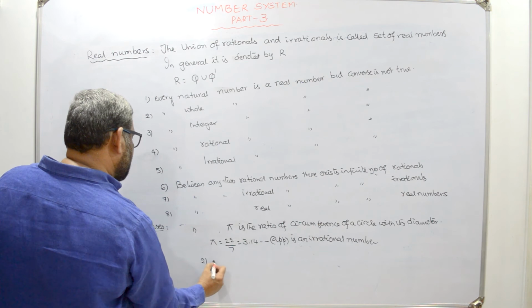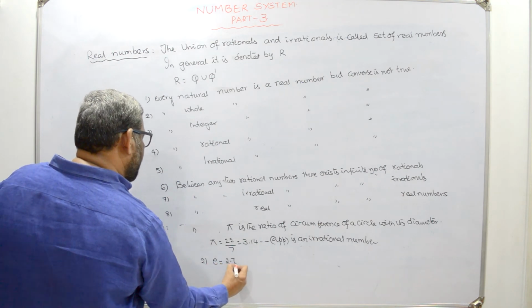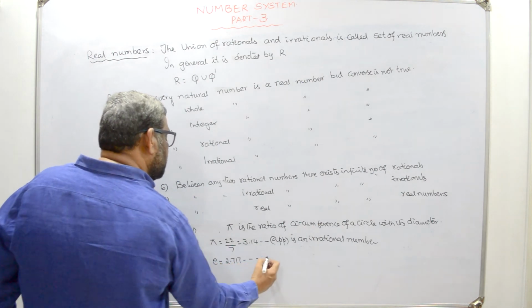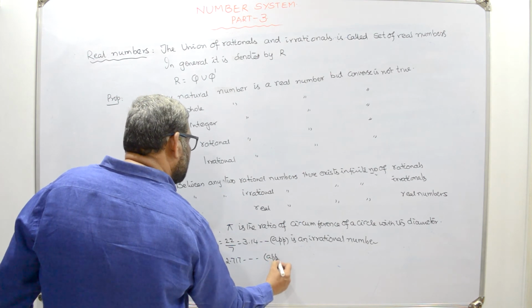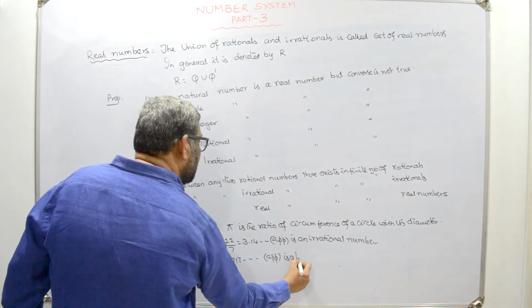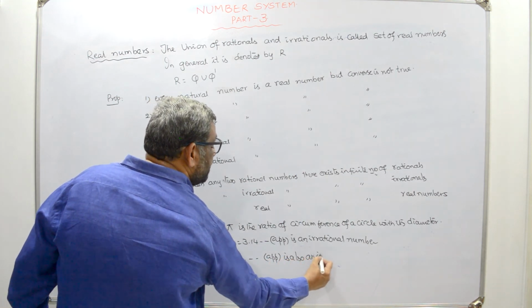Number 2, e is equal to 2.717 and so on, approximately, is also an irrational number.